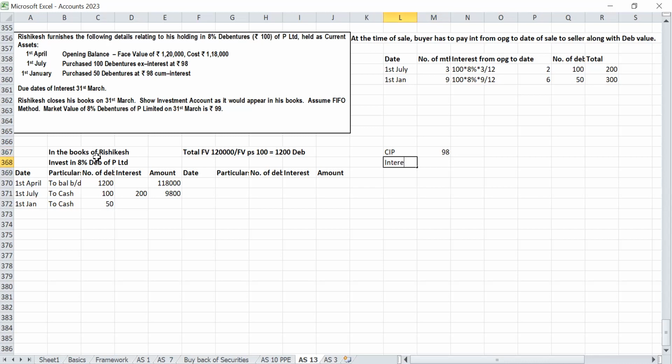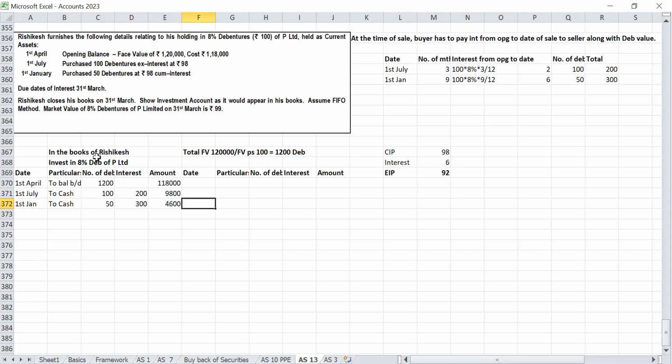The interest is 6 rupees per share. Ex interest is 92. So 50 into 92, 4,600. 50 into 6, 300 interest.